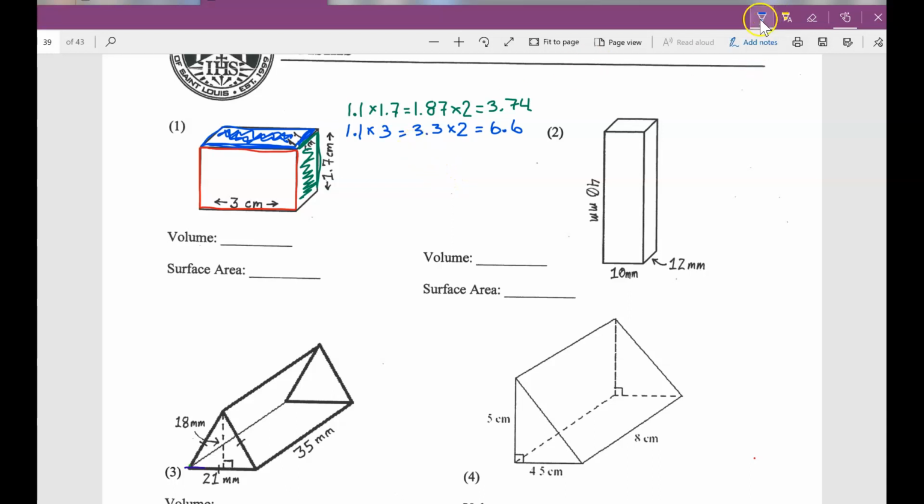All right. Finally, we have the front and the back. So here's our front right here. And there's going to be an identical rectangle on the back. How big is this rectangle? Well, it's 3 across, and then this dimension is 1.7.